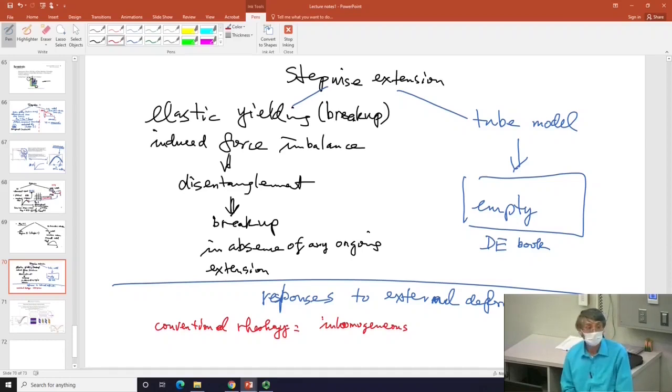Because typically I speak about strain. Strain field typically is prescribed. Of course, if it's inhomogeneous, you cannot prescribe. I mean, how can you create it, right?